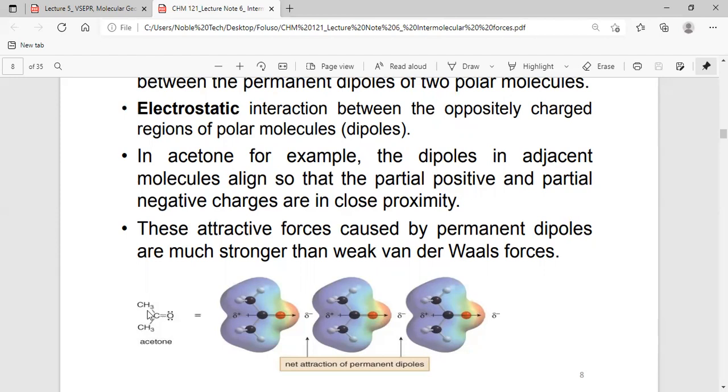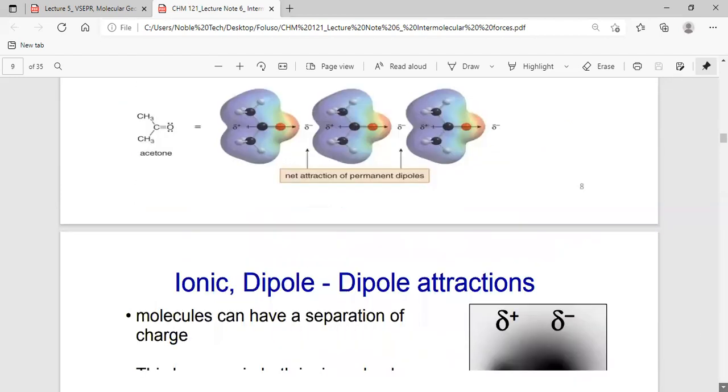So polar compounds will dissolve in polar solvent because of the dipole-dipole moment. This attractive force caused by permanent dipole is stronger than van der Waals force, as I've initially explained.